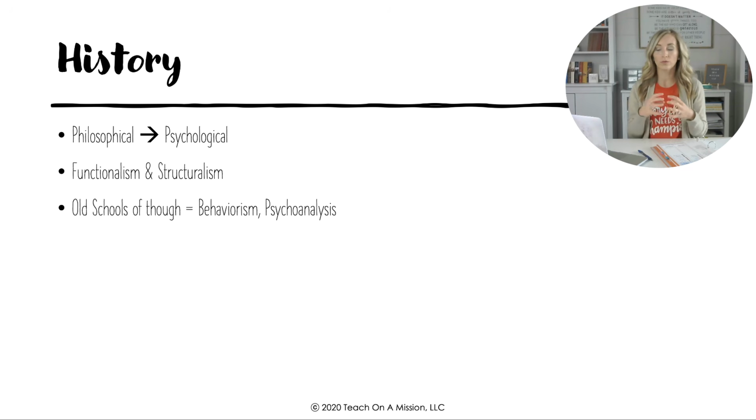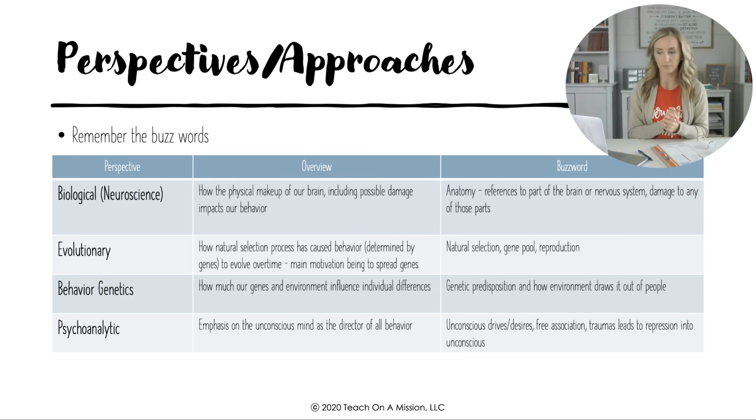But the old schools of thought that branched from functionalism and structuralism, and that we still see some remnants and breadcrumbs of now, are behaviorism and psychoanalysis. So understanding that history and how psychology became a science is an important understanding here.